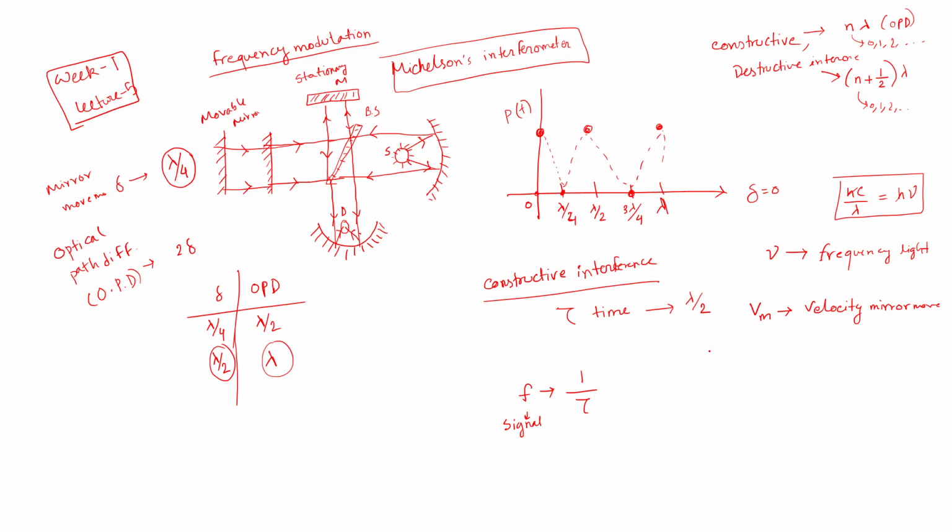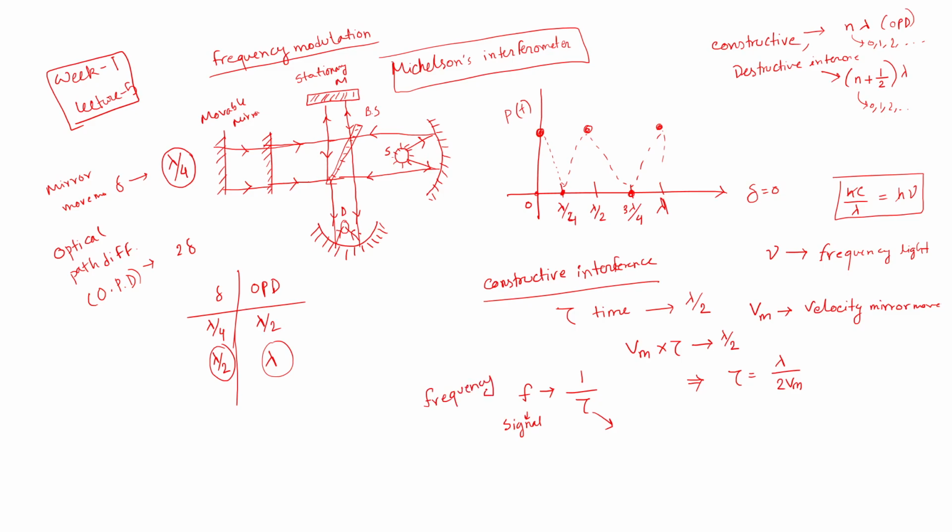So from here we know that velocity times time tau gives us lambda by 2. So Vm tau is lambda by 2, and this will give us the frequency of the signal.